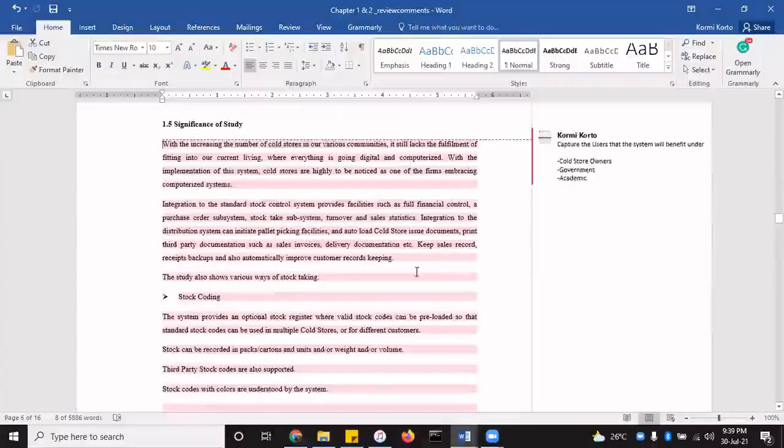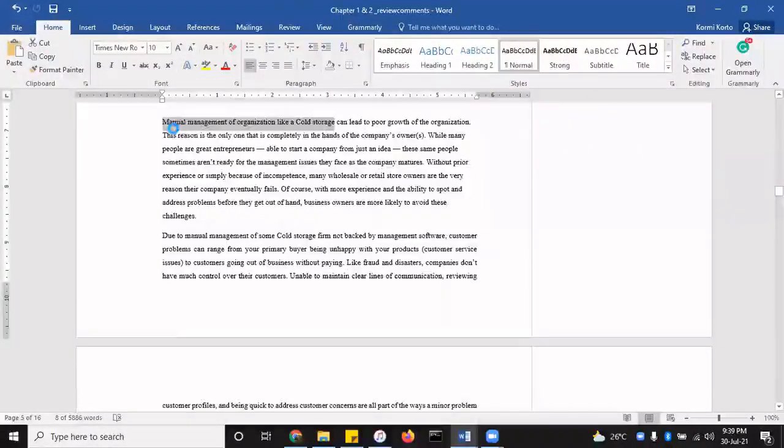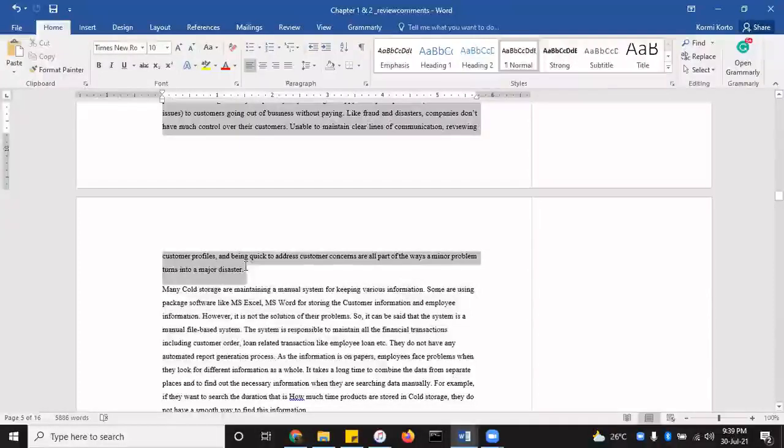Okay, so those guys, the problem statements. Like I said, identify manual management. Within these two paragraphs, it's all about manual management. Over here too, I'm seeing manual management again. So manual systems for keeping various information.